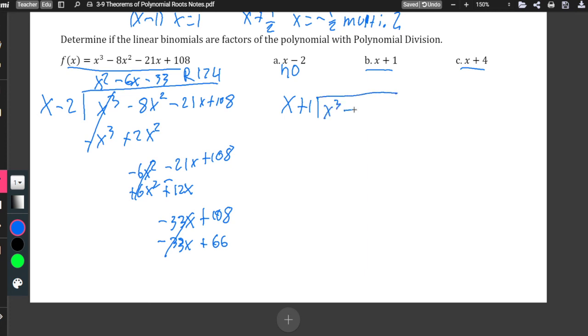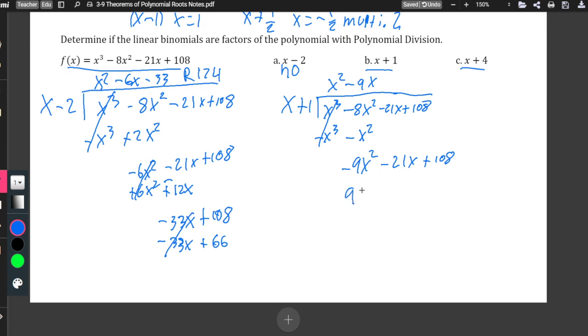So x cubed minus 8x squared minus 21x plus 108. So again, we'll start with x squared. So we'll have x cubed minus x squared. Flip our signs. We'll have minus 9x squared minus 21x plus 108. So minus 9x.